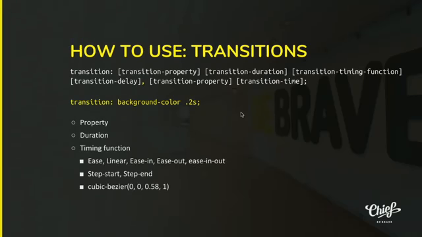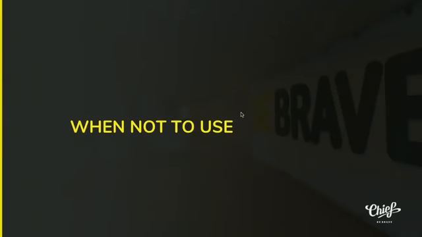So, again, these are very similar to the keyframe settings. CSS doesn't like to be complicated. So these are the tools that you have at your disposal. And so what I would caution against is doing this too much.